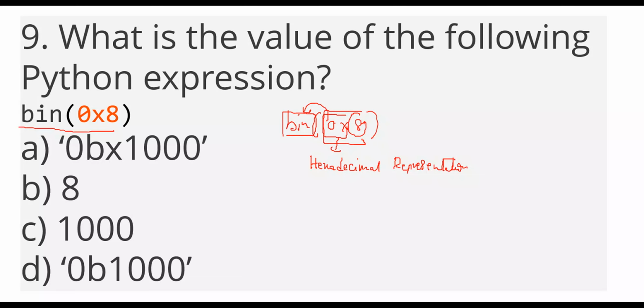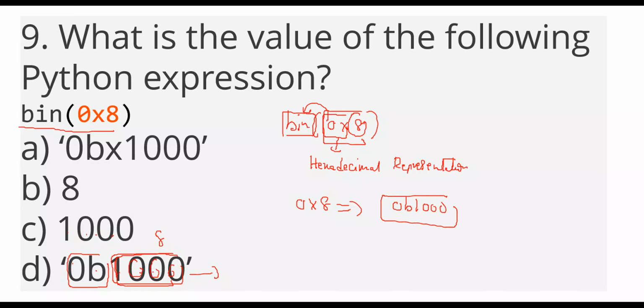The binary equivalent of hexadecimal 8 is 1, 0, 0, 0. To indicate that this is in binary format, 0b1000 is the binary equivalent representation of the hexadecimal number. So 0x8 can be converted into the binary number 0b1000. This will be the answer for this question.